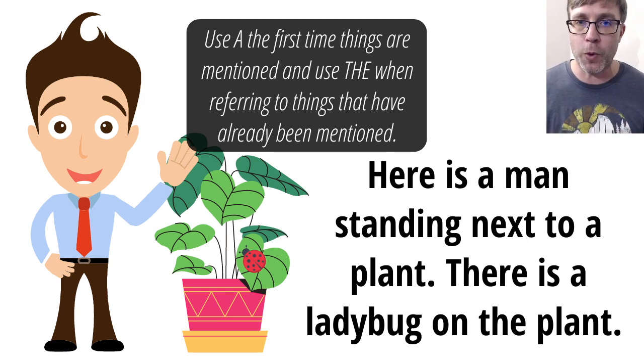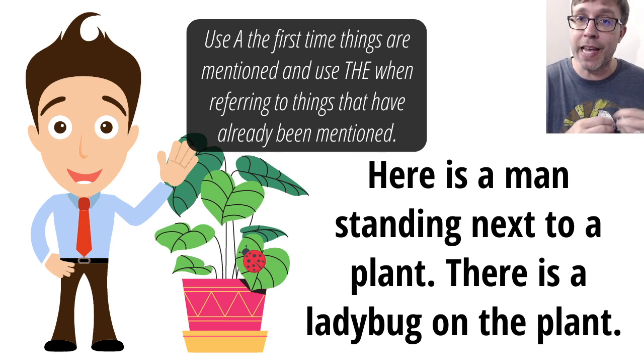The reason for that is because the first time you say something, it could be non-specific. You could be talking about any plant. The second time you mention that same thing, it then becomes specific. So you could think of it as the rule of first mention: you use a or an, but when you mention it the second time, you use the article the.